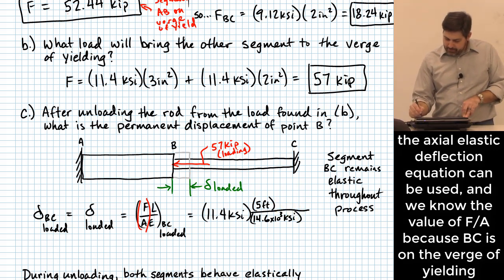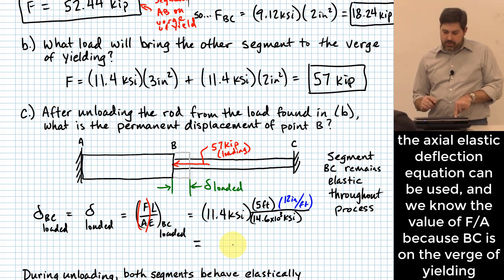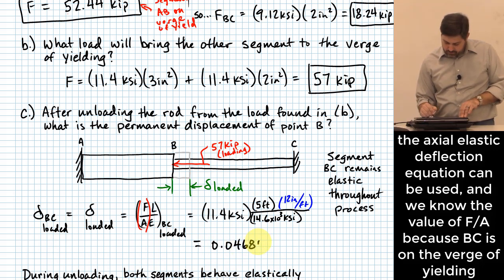So let me put in here 12 inches per foot. And I will say here that this amount of deflection that has happened in rod BC, which is how much point B moved when it's under load, is going to be equal to 0.04685 inches. And so the way I have it labeled up there was that this was delta loaded.